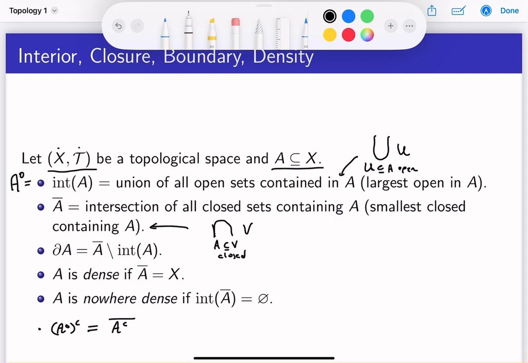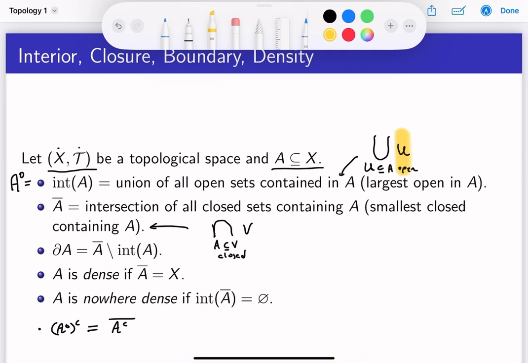Okay, one more time, let's talk about this. The U's here, these U's are elements of T. So what are we saying here?